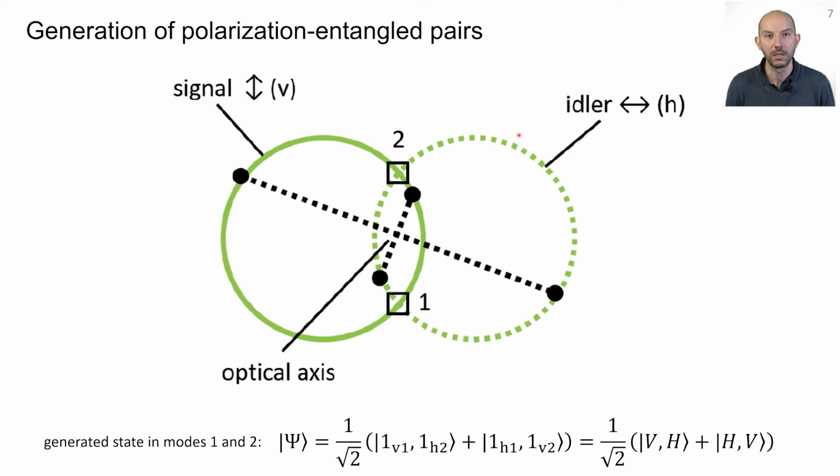And that means now that the photon pairs that we emit, where always one of the photons is on one of the circles and the other photon is on the other circle, that these photon pairs always consist of one photon being of vertical polarization and the other being of horizontal polarization. Yeah, and here with these dark dots and dashed lines, I mark two possibilities. Yeah, so photon pair vertical horizontal or horizontal vertical.